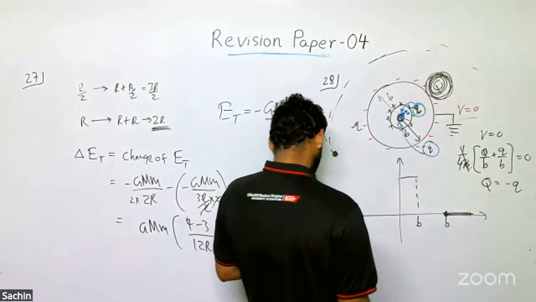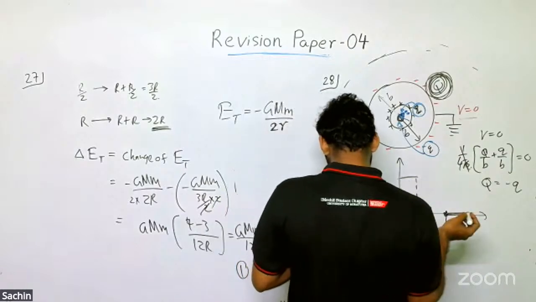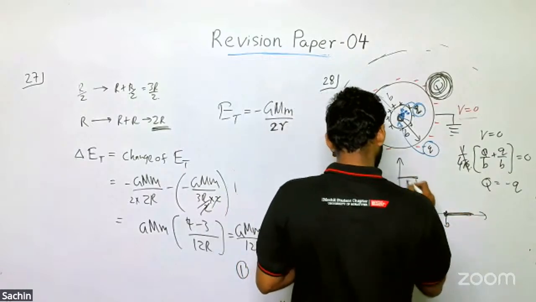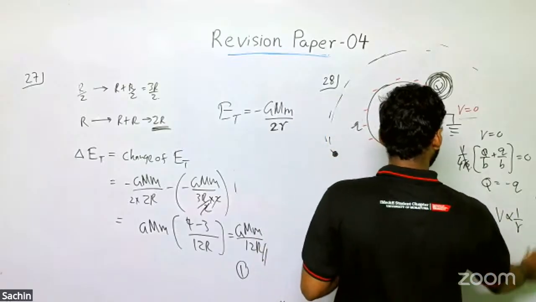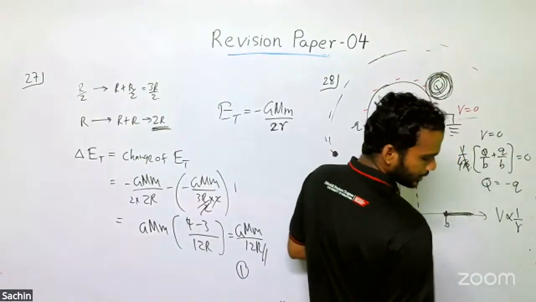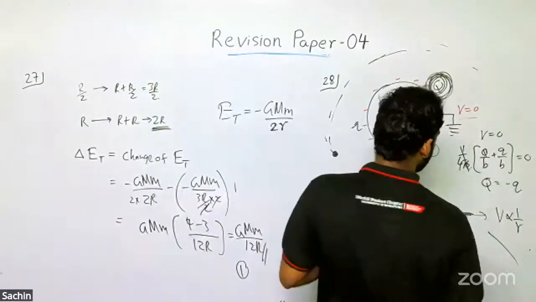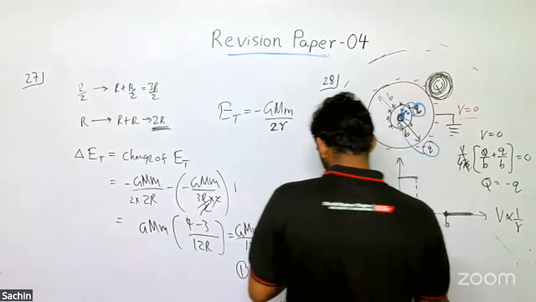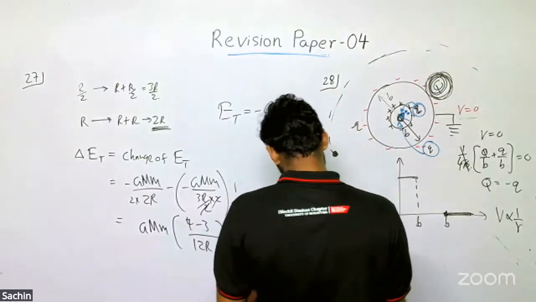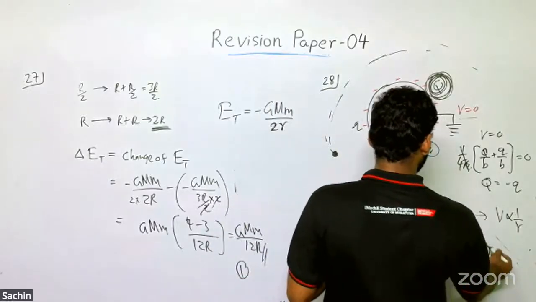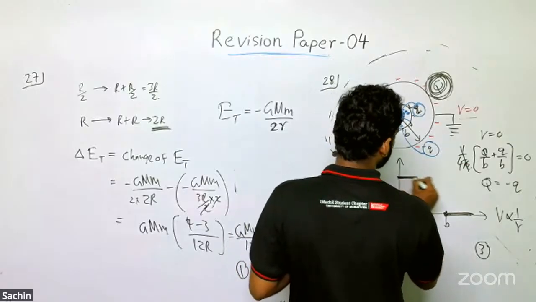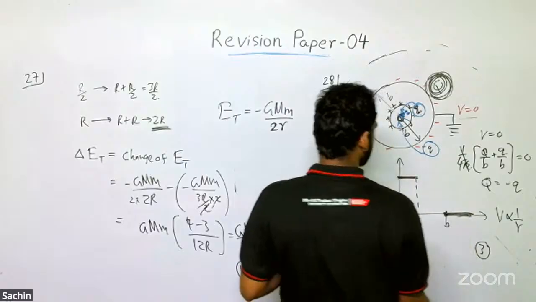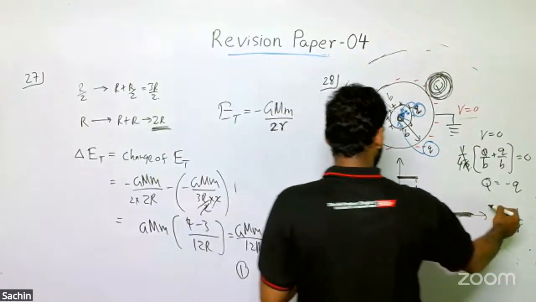So if you are able to obtain these two variations, obviously you know if there is a potential, then that should vary inversely proportional to the radius. That means there cannot be any linear variations. So if you exclude that answer also, you can come to the answer which is the third option. So only by understanding these two areas you can come to a conclusion with this relation.